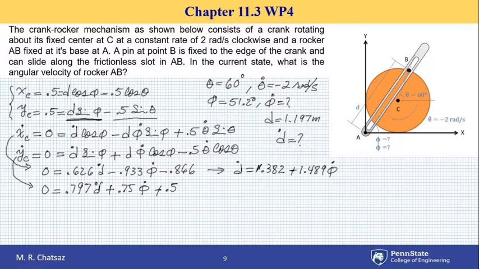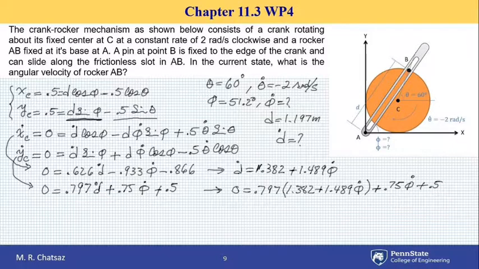And then plugging this into the second equation, I have 0 equal to 0.797 times d dot, which is what I just found. So I plug in for it 1.382 plus 1.489 phi dot, plus 0.75 phi dot, plus 0.5.